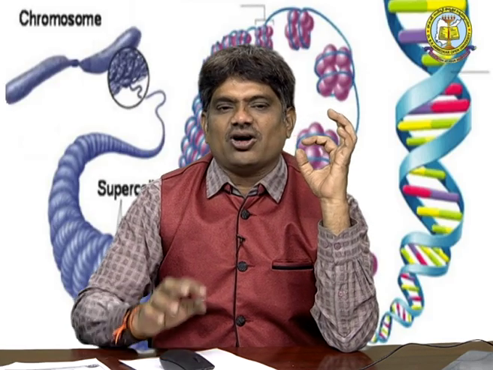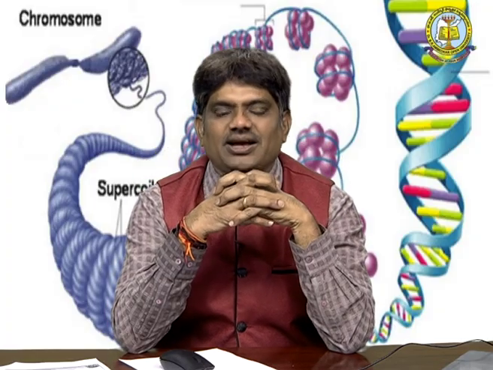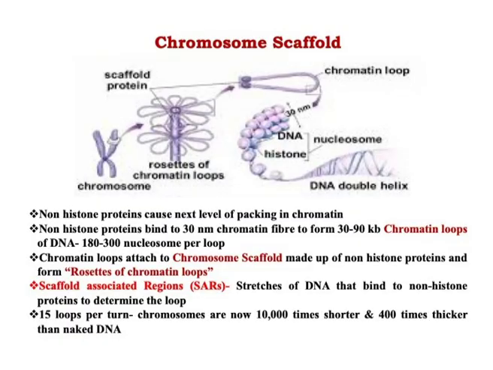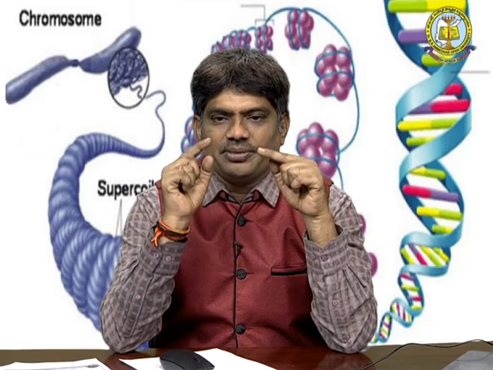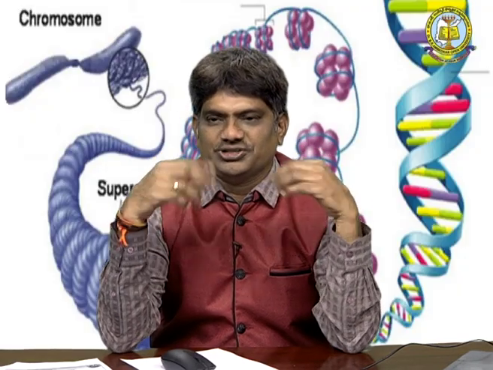Because of these tightly coiled solenoids, it becomes very condensed and can fit within a short span of area. You can see loop-like structures also. You know what we have said: a haploid set of the chromosome is called the genome, not the diploid, the haploid, that means one set of the chromosome, is called the genome, our whole genome.